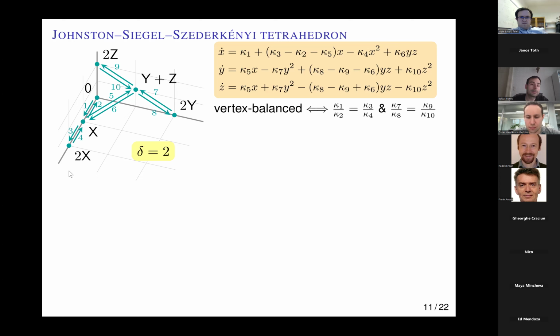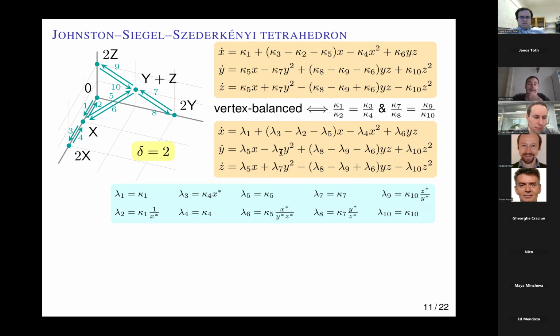This is a three-dimensional example with deficiency 2. That means it's going to be vertex balanced on a codimension 2 set in parameter space. Indeed, these are the two equations that the parameters have to satisfy for being vertex balanced.